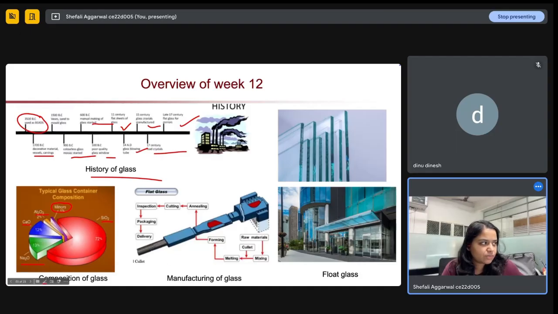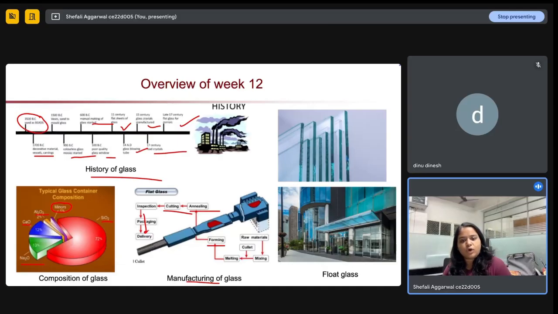Now, how is glass manufactured? We have different raw materials, we mix them and melt them. After melting it is in liquid form, which we then give a shape, that is forming, and then it is annealed, then cut, and finally delivered to the place where it is to be used.